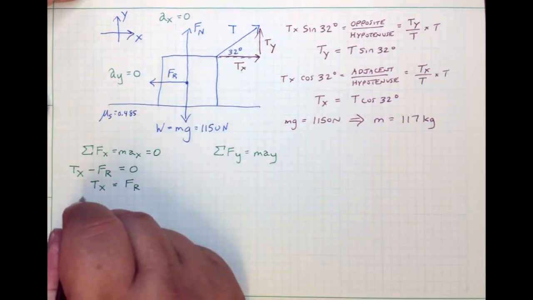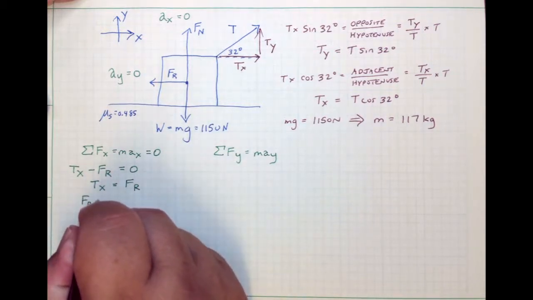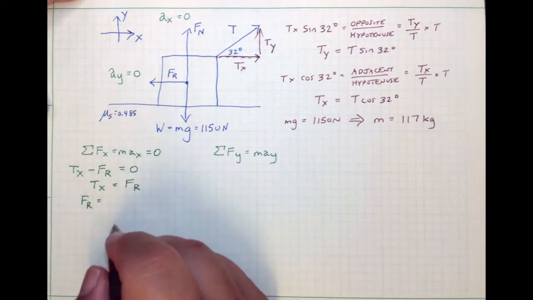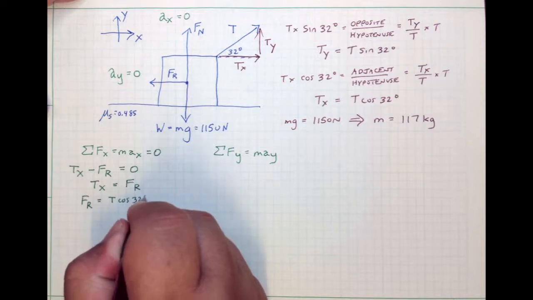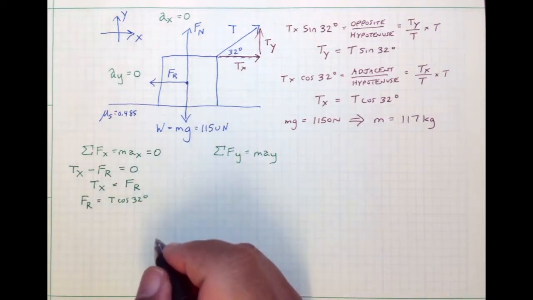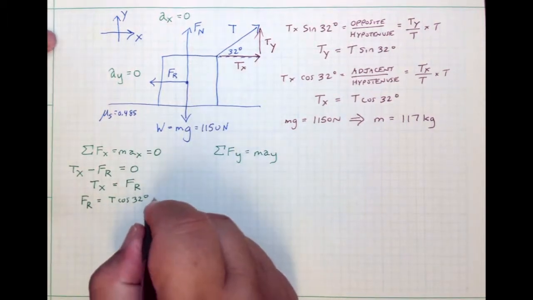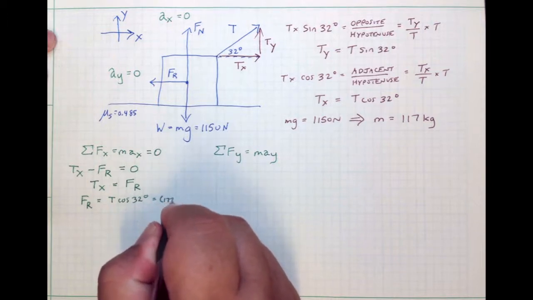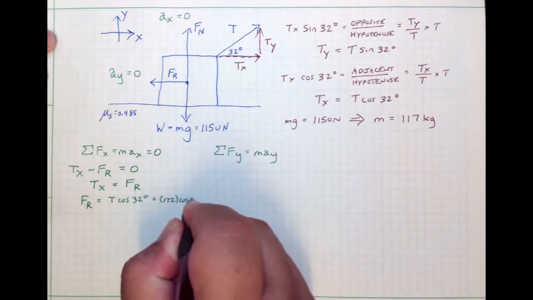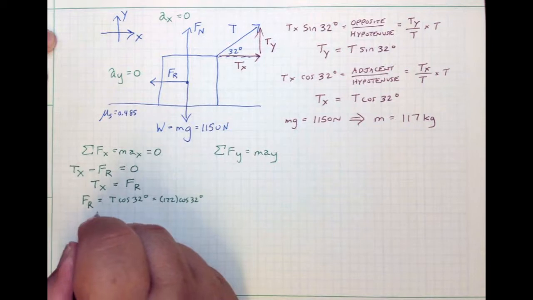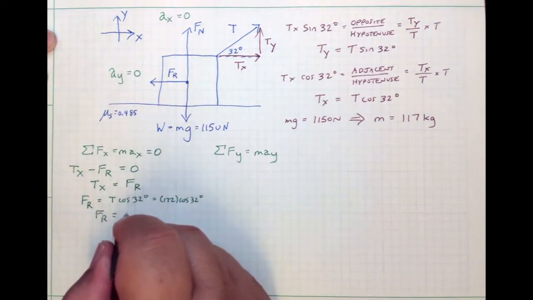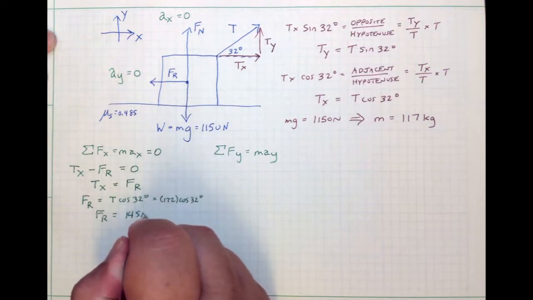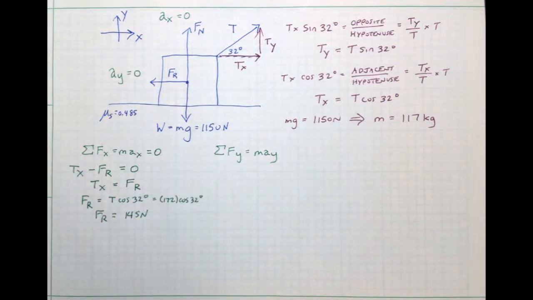And so we can immediately figure out what the friction force is that is holding the crate still. That's going to be T times the cosine of 32 degrees, and that's a tension force of 172 newtons times the cosine of 32 degrees. That gives us a friction force of 145 newtons to 3 significant figures.